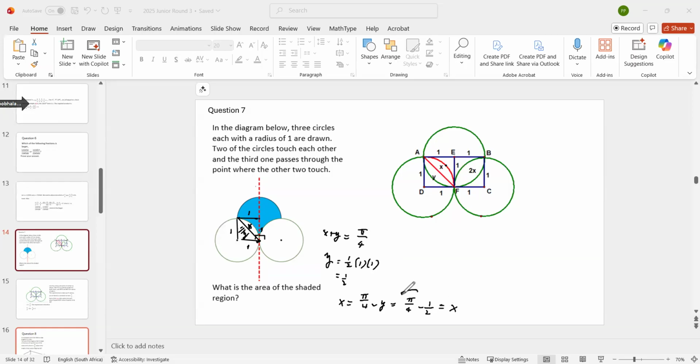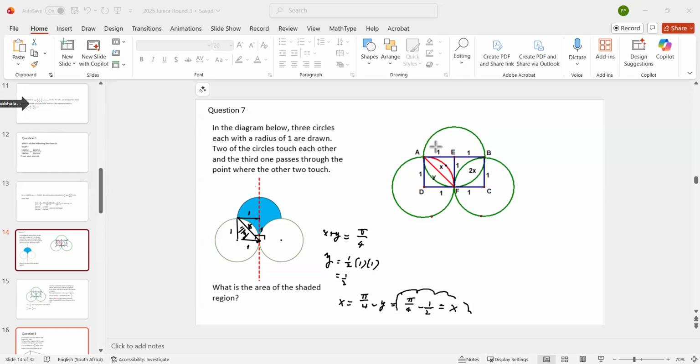So let's just hold on with that. Why do I need this X? You see, in this diagram here, watch. When I draw the full circle, I wasn't able to shade the blue part in using my computer.